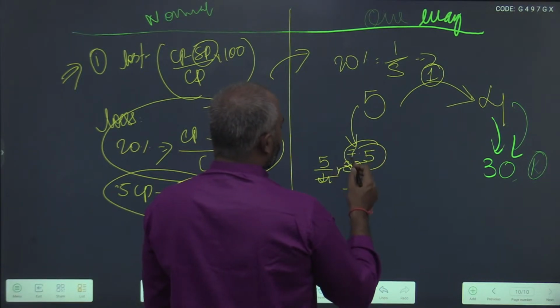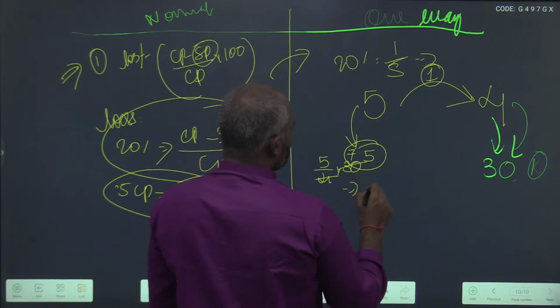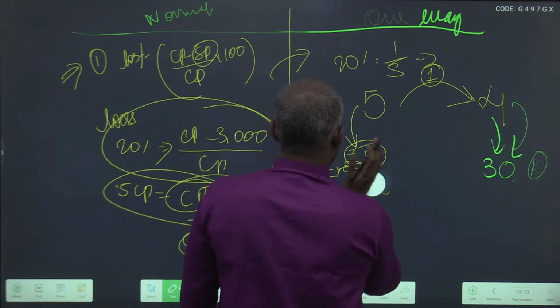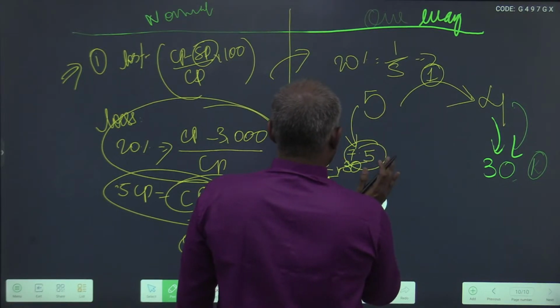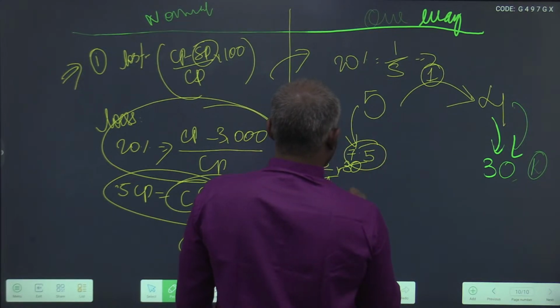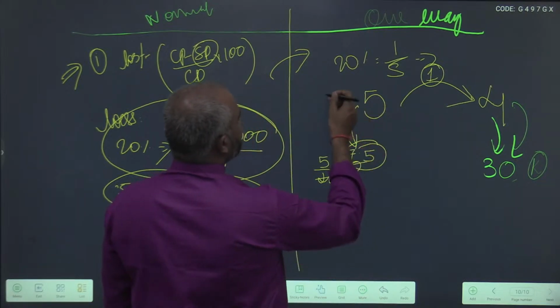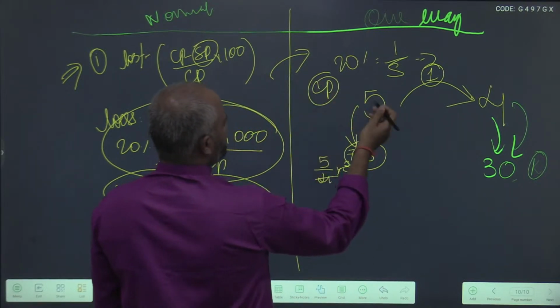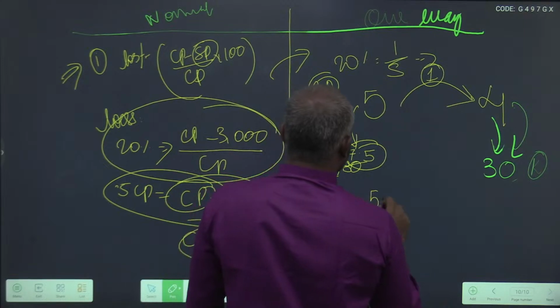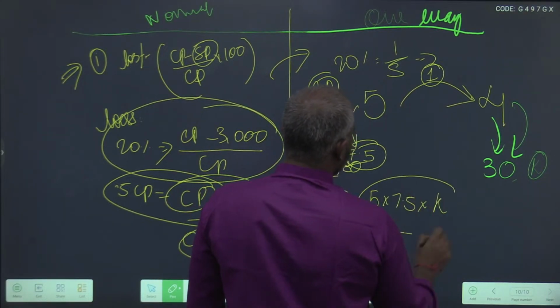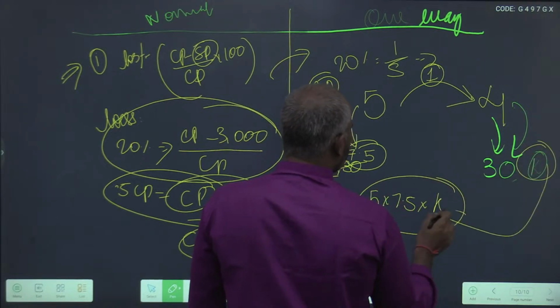Okay, so this 4 units is 30. What is he asking? He is asking about cost price. So 5 units is 5 into 7.5 into k, because this k is left out, right?